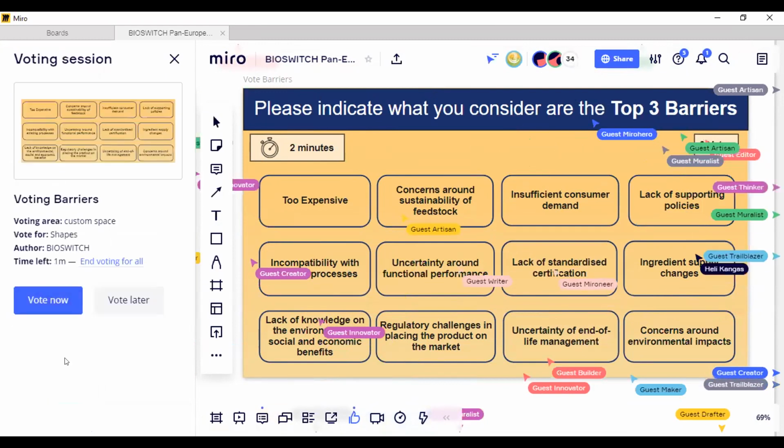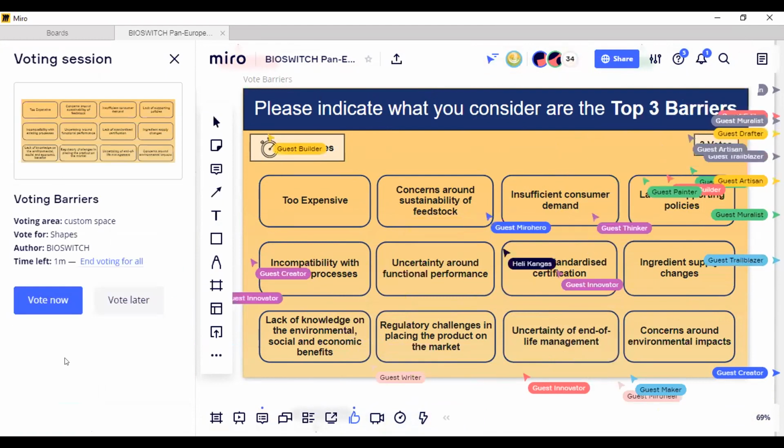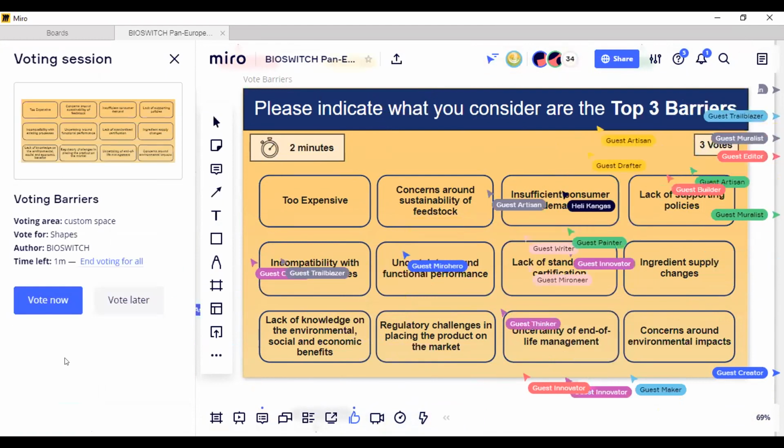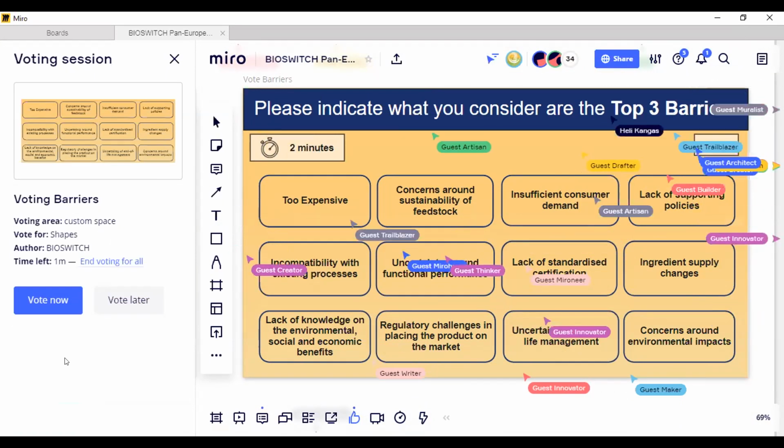Please press vote now on the right-hand side to begin your vote. And then for your option, you press the plus icon to select your options. Please select 3 options.